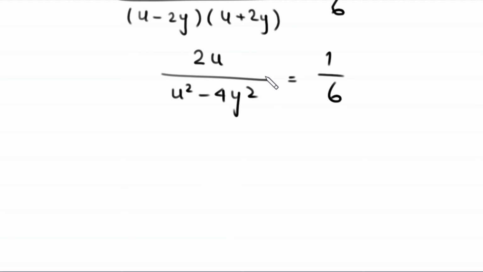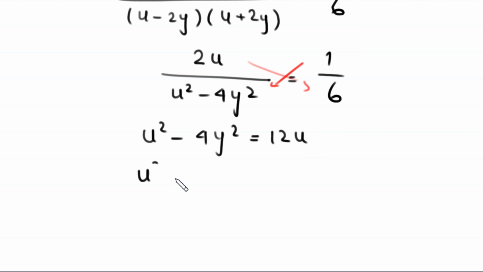Now by using cross multiplication, this will become u squared minus 4y squared equal to 12 times u. Move this 12u to the left hand side, this will become u squared minus 12u minus 4y squared equal to 0.